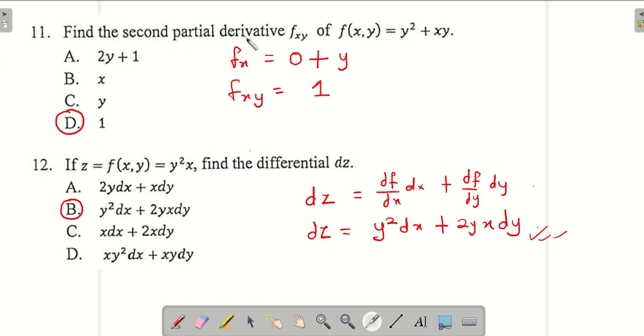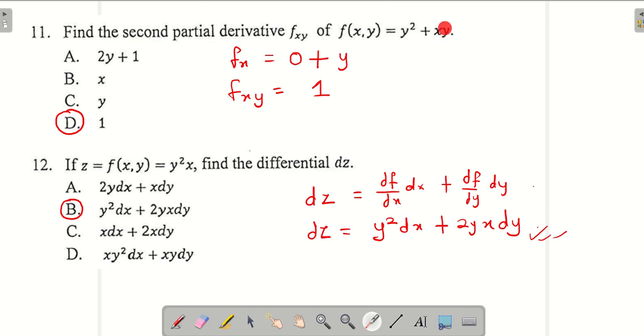Find the second partial derivative of this function. So here, what it means is that first we must differentiate with respect to x, then second with respect to y. So let's take the first order, differentiating it with respect to x. This is taken as a constant. So when you differentiate a constant, you get 0.